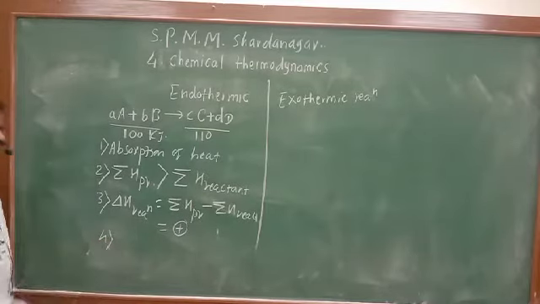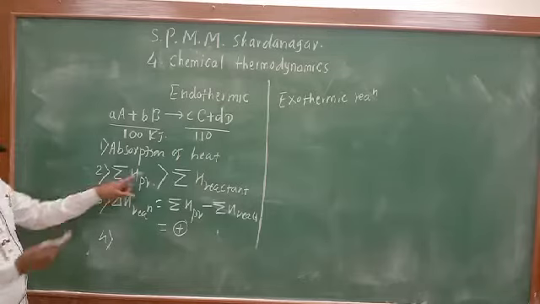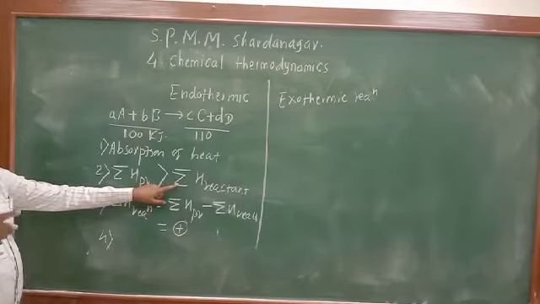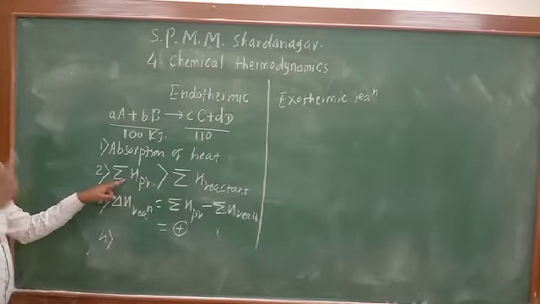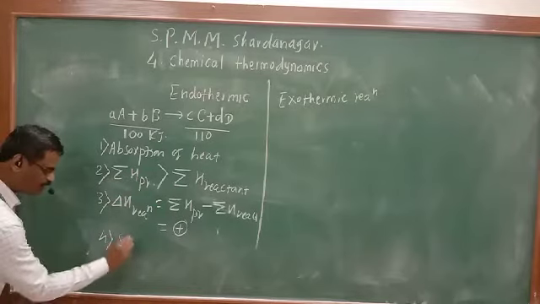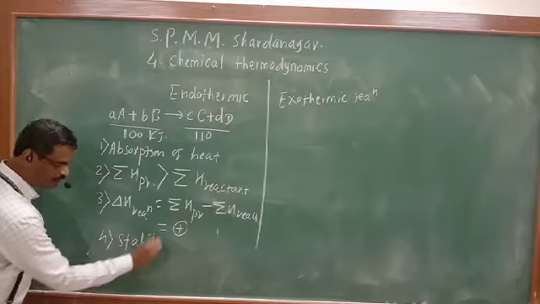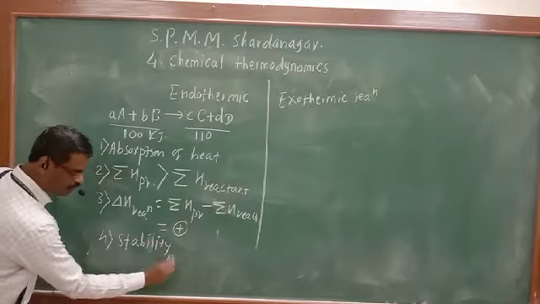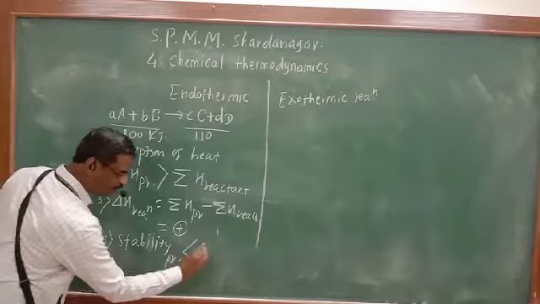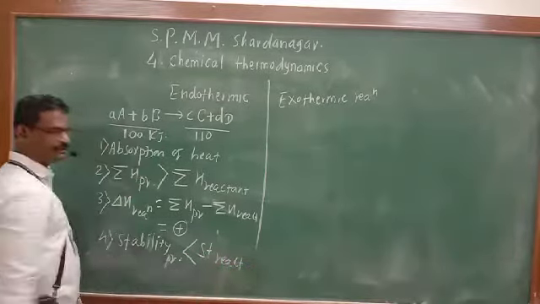Therefore, products have greater enthalpy, reactants have less enthalpy. Greater enthalpy means less stability. So the stability of products is less as compared with the stability of the reactants.